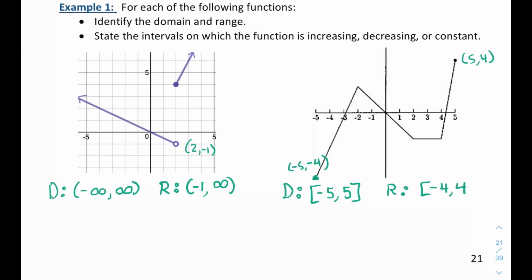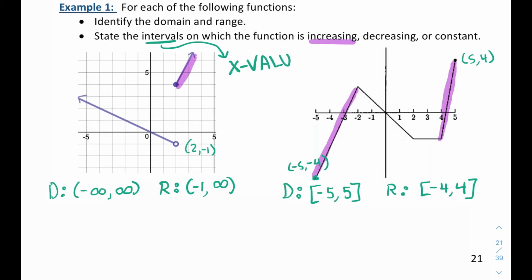Now talking about our new stuff, the intervals where my function is increasing are where it has a positive slope. So on the left, that piece right there. And then my other function has two sections or two intervals where it's increasing and has a positive slope. When you're writing this, you're always using the x values to describe the intervals of increase, decrease, or where it's constant, not the y's.